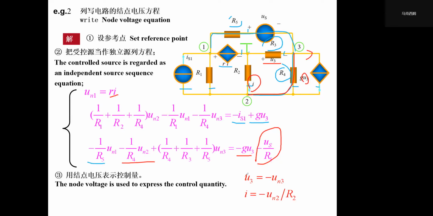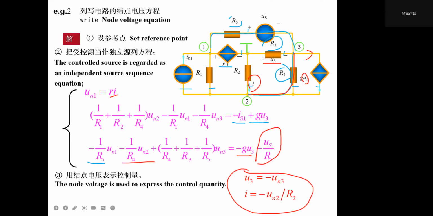So we have listed 2 supplementary equations, and now we have 5 equations for 5 unknown variables.